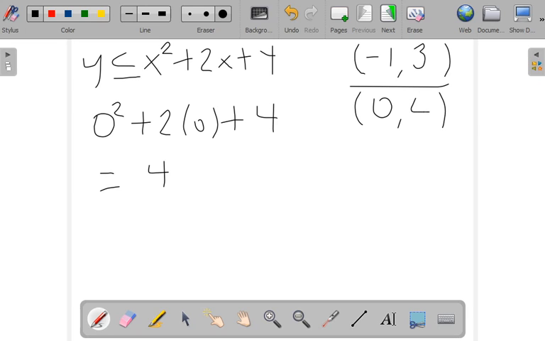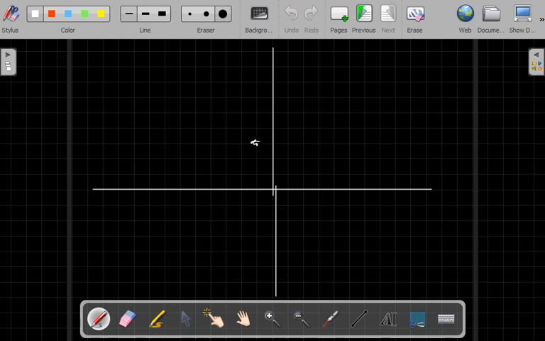So the y coordinate in this case is 4. So we can go plot that point. So up 4 should be right in here. Yes, and because it's symmetric, it should have a point on the other side. Right there.